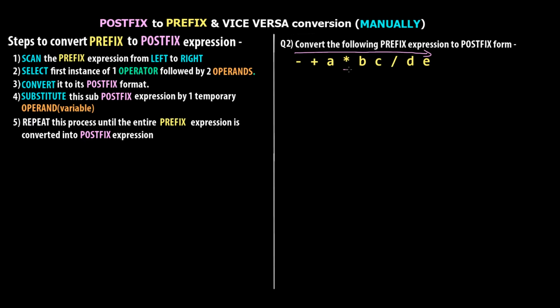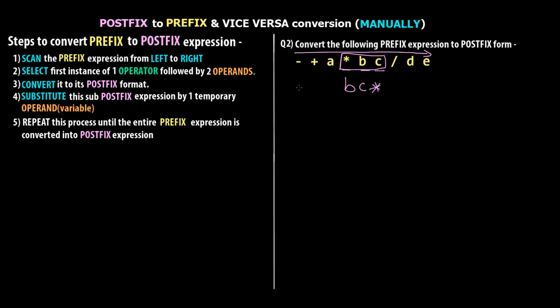But if you observe over here, we have star, which is one operator, and it is followed by B and C, which are operands. So one operator followed by two operands. So this is that pattern. So this is the very first instance of one operator followed by two operands. So we'll convert it to postfix. So this is prefix. The postfix version is B, C and star, because in postfix the operator comes in the end.